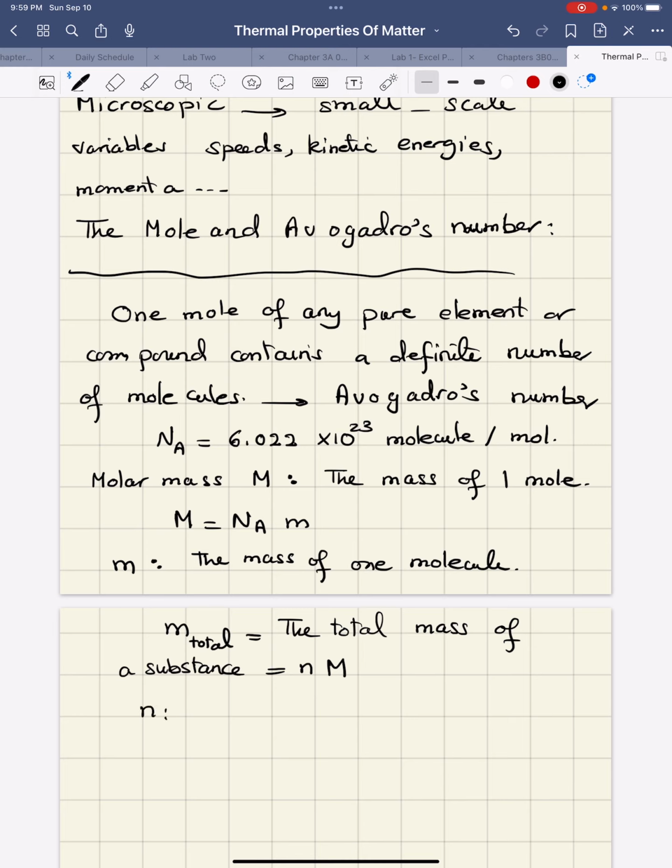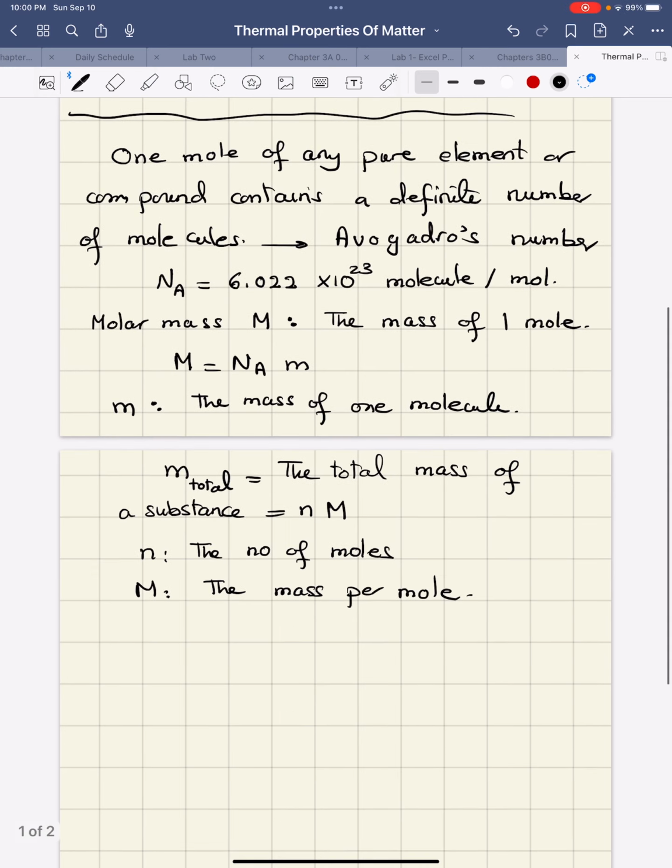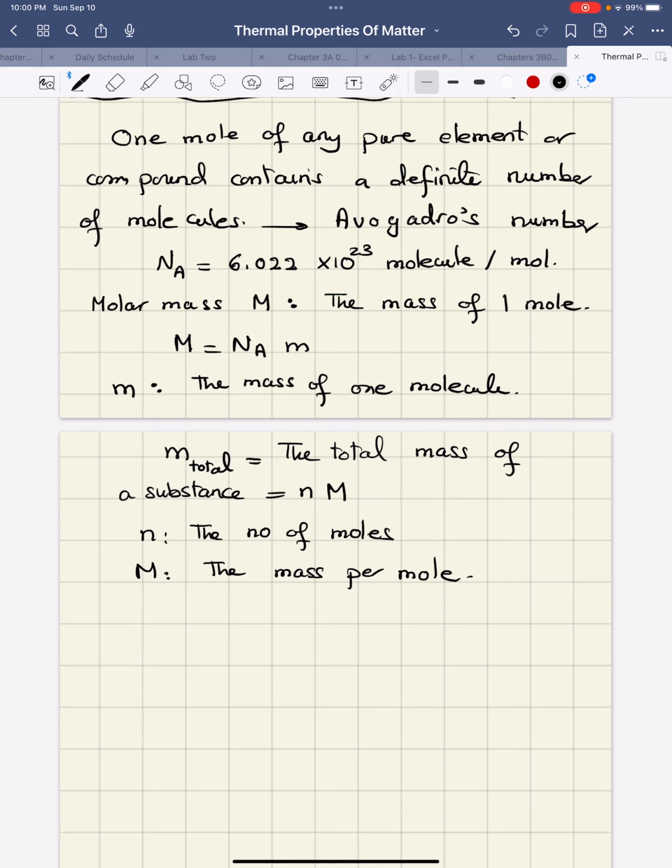Here n is the number of moles, and again, uppercase M is the mass per mole, which, as we said, is the molar mass.